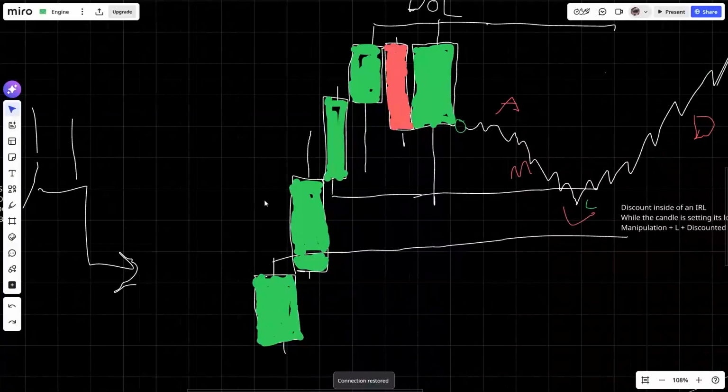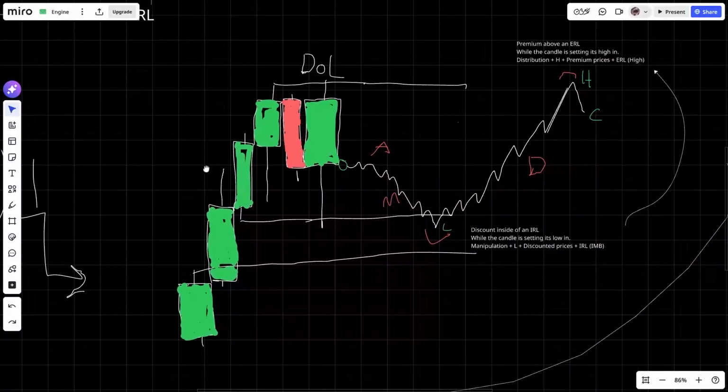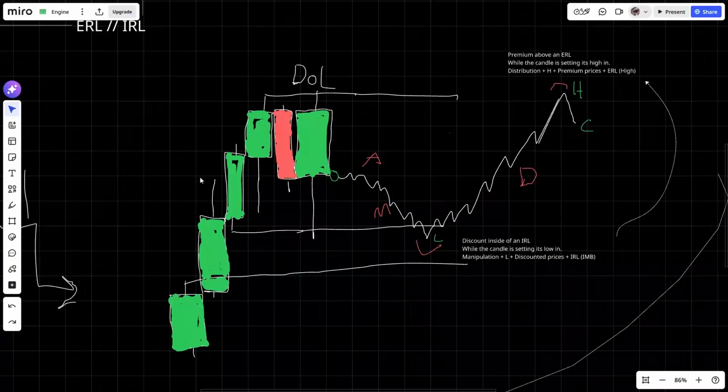If you come to here, I've drawn a few candles for you, and I know it doesn't look the best, but you get my point, okay? We have some green candles here. This is a fair value gap in between those candles. And here, imagine that this is the 9:30 candle, okay?